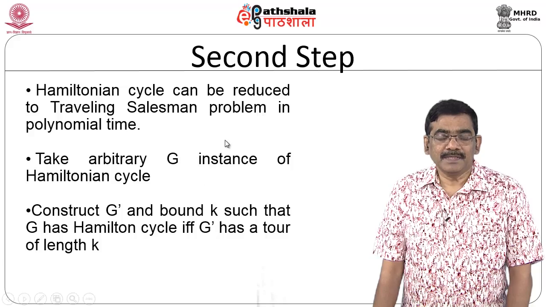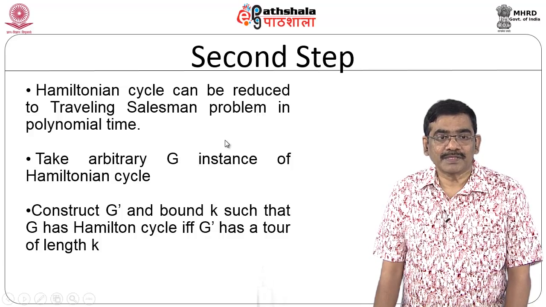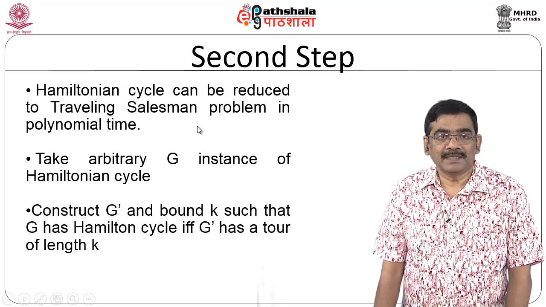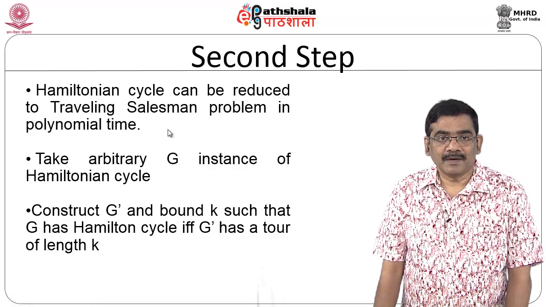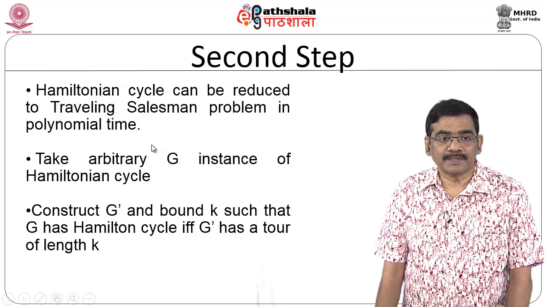The second step is we have to reduce the Hamiltonian cycle to the traveling salesman problem in polynomial time. So, for that we have to show that the reduction is indeed possible.